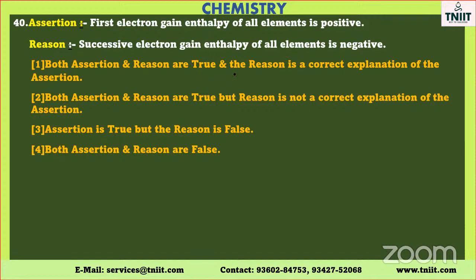The options: assertion and reason are true, and reason is the correct explanation of the assertion; both are true, but reason is not the correct explanation; assertion is true, but the reason is false; both assertion and reason are false. The first electron gain enthalpy of an element is positive: this is a wrong statement. Successive electron gain enthalpy of an element is negative: this is also a wrong statement. Both assertion and reason are false. Hence, the answer for this question is option 4.